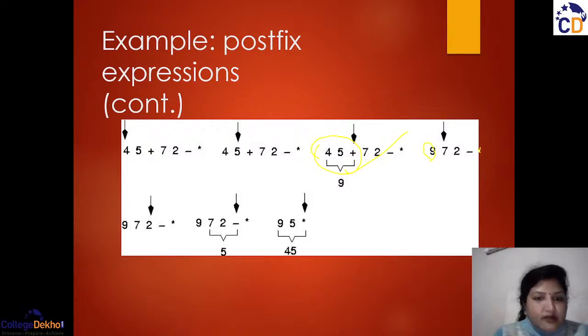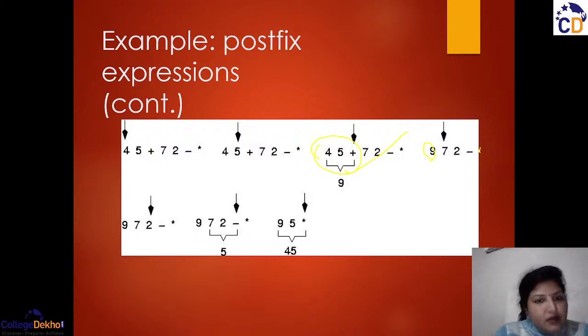Coming to the next part. Once we have completed the first step, from left to right we have applied the operators. The second operator that is coming in this series is minus. And what are the two operands on which this operation is going to be performed? That is 7 and 2. Which operator are you going to use?